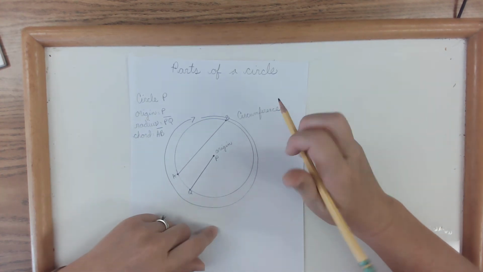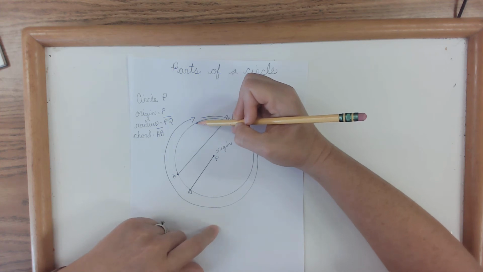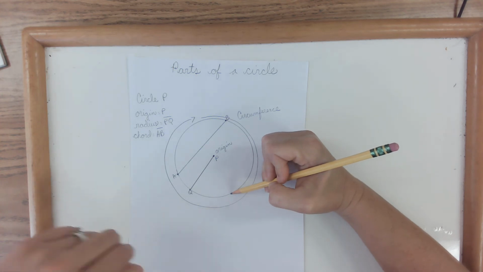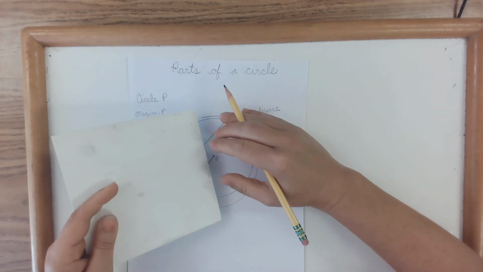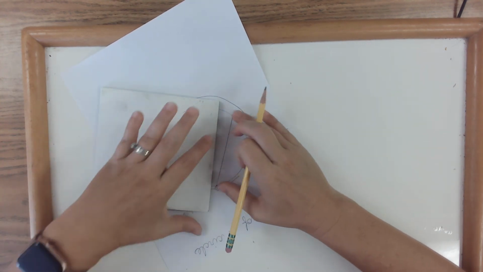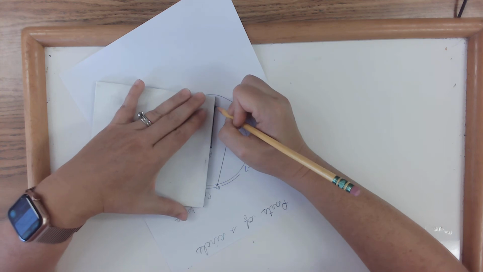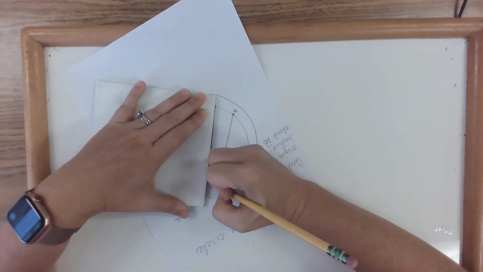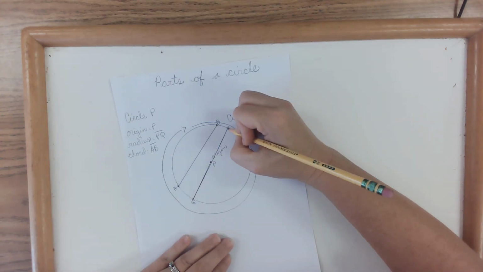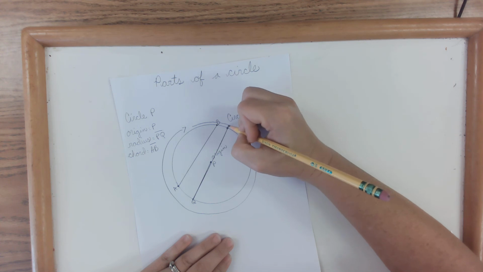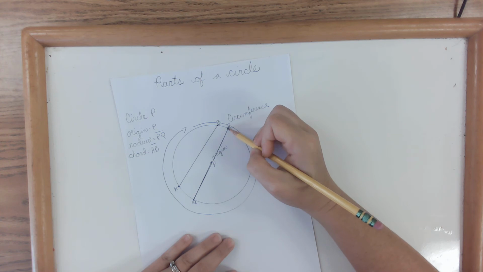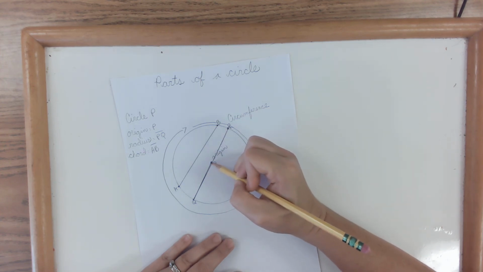Sometimes you have a line that starts on one end of the circumference. It travels all the way through the origin to the other side in a straight line. This is called a diameter. I'll label this R. QR is the diameter, and it goes through the center, the best I could make it.